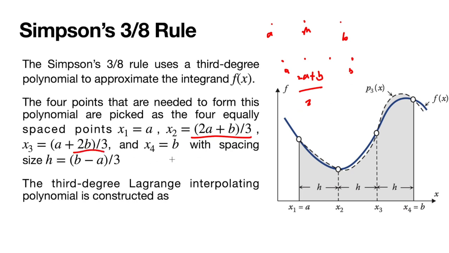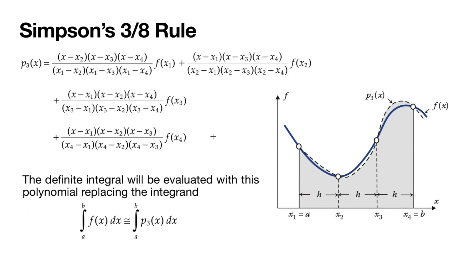So these are the 2 points we will place in between a and b, and make a polynomial pass through these 4 points, which will give us the third degree polynomial. In a similar manner, we will be replacing f of x with the third degree polynomial. The third degree polynomial function using the Lagrange interpolating formulas can be given by this.